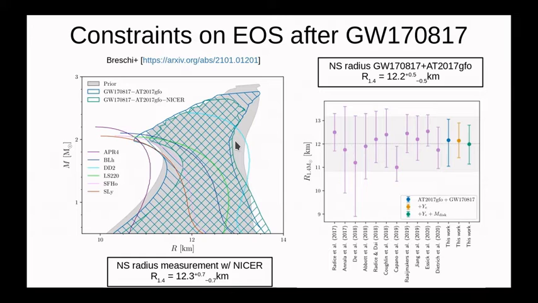And what we did was to perform a Bayesian inference of both the gravitational waves and the kilonova. This is the blue area, and you see that if you go at mass 1.4, there's a constraint around 12.2 plus minus half kilometer.